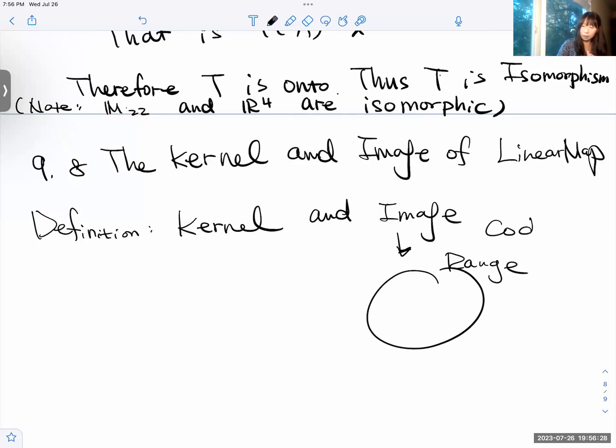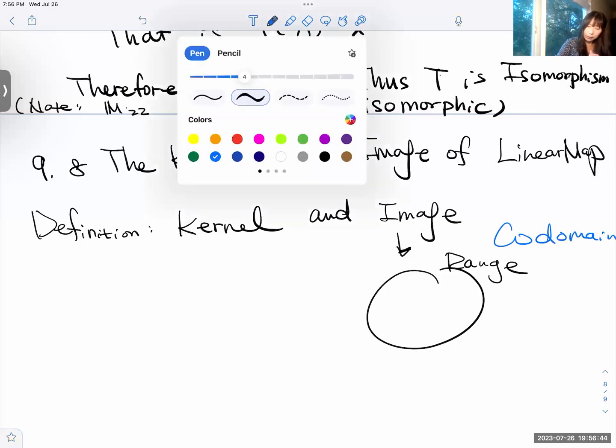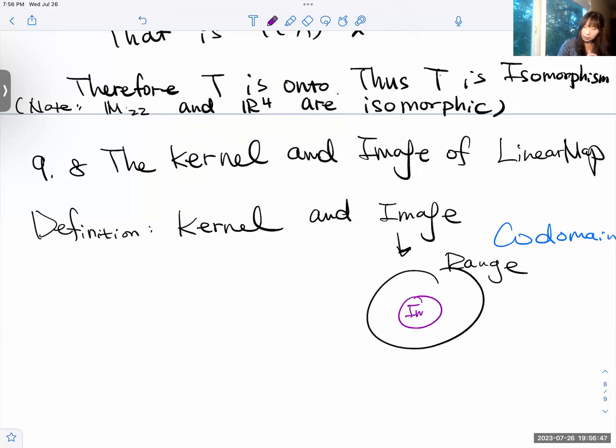In the codomain, there's a range, and then there is the image. So the set of all images is the range.